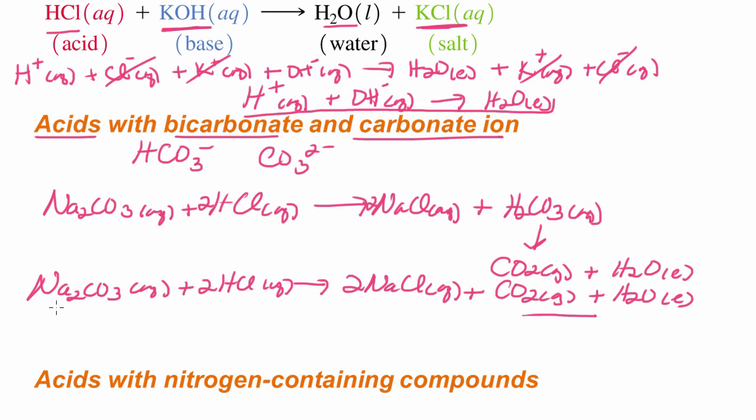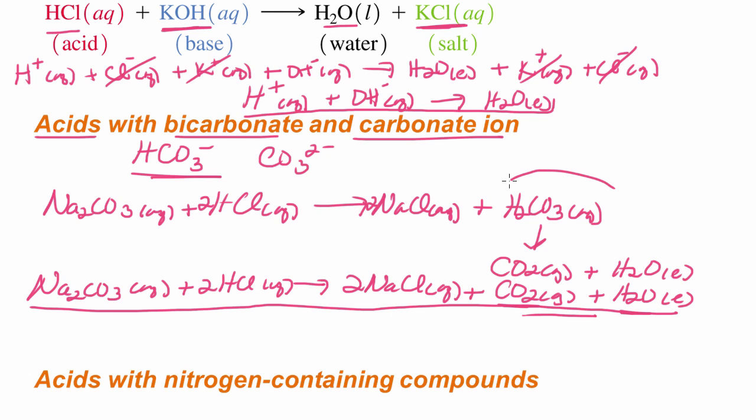Okay, so this would be the overall equation for the reaction of sodium carbonate with hydrochloric acid. Go ahead and take a look at those. And so anytime you have carbonate ion or bicarbonate ion, there will be the production of carbon dioxide gas and liquid water. And that's because carbonic acid is not stable. So it decomposes to carbon dioxide and water.